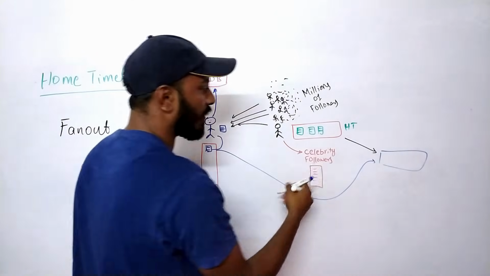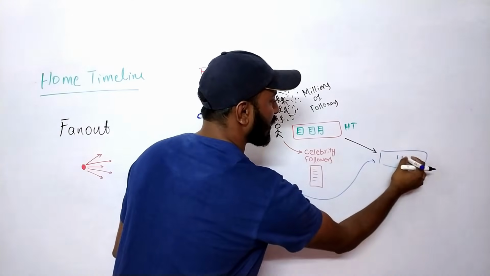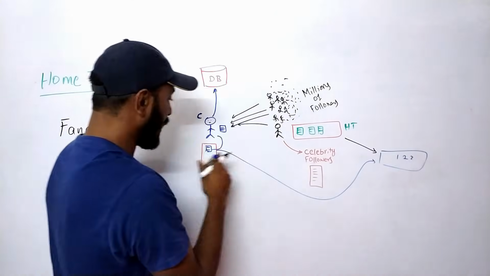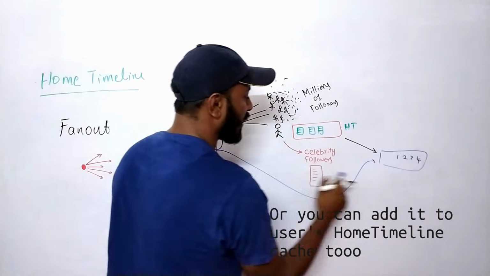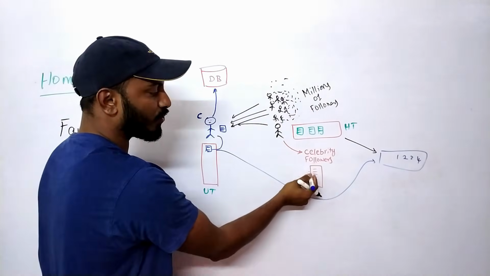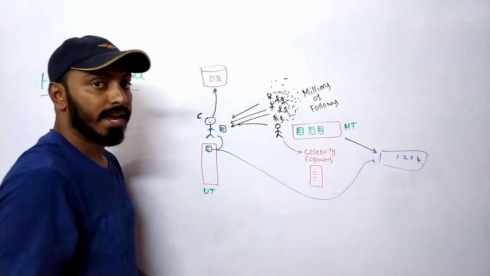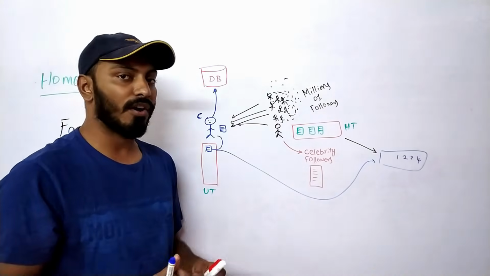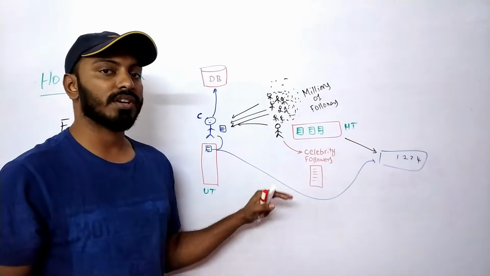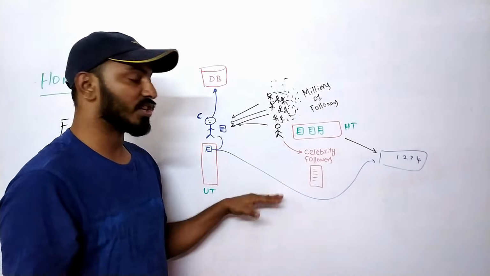If so, get the tweet and then add it to the response. In the response, we have already added these 3 tweets: 1, 2, 3. We got 1 celebrity tweet, add it, that is the 4th tweet, and next go to the next celebrity and keep checking that. Since all these operations are in-memory or Redis operations, this shouldn't take much time and is much more efficient.